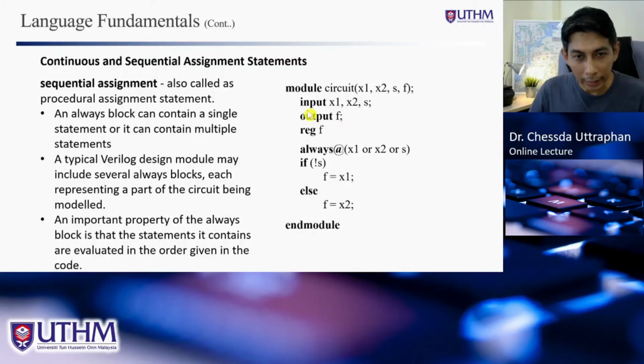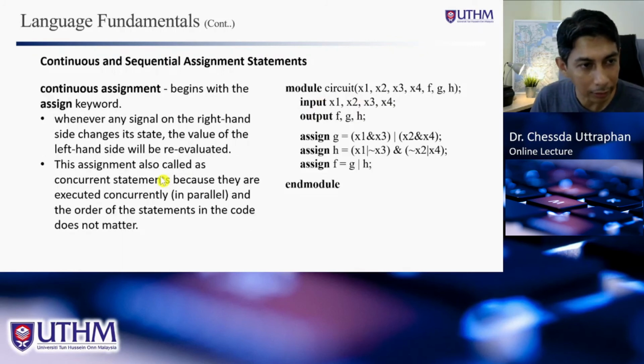So let's look at this code. This code is using sequential assignment. So now remember, we have two kinds of assignment. First one is continuous assignment. All right, continuous assignment means that we use the keyword assign in our design. For example, we have the Boolean equation, and we describe our circuit using Boolean equation.